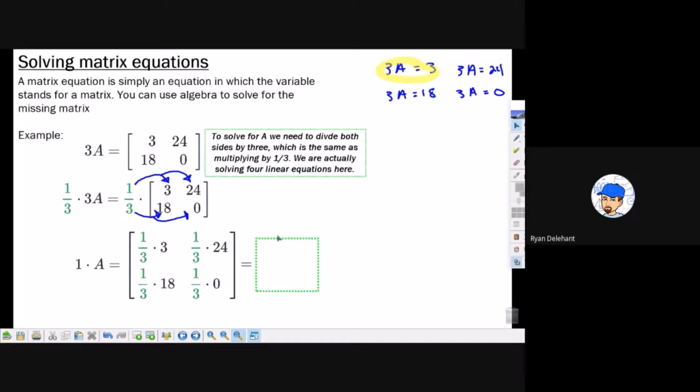What's a third of 24? 8. What's a third of 18? 6. What's a third of 0? A third of 0 is still 0, right? A third of nothing is nothing. So if you ever have a division, treat it like a multiplication by the reciprocal, and it'll work out for you.